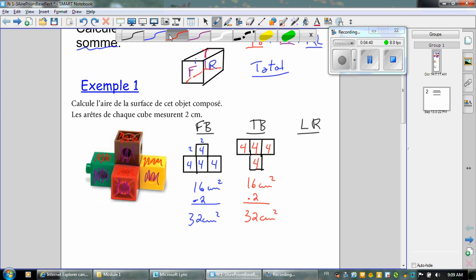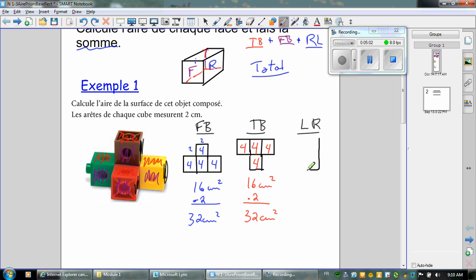Finally, I'm going to look at the left side and the right side. So if I look at the right side here, I'm going to see that face, and that face. If I were to stand here and look directly at the figure from the side, I would see only 3 faces.